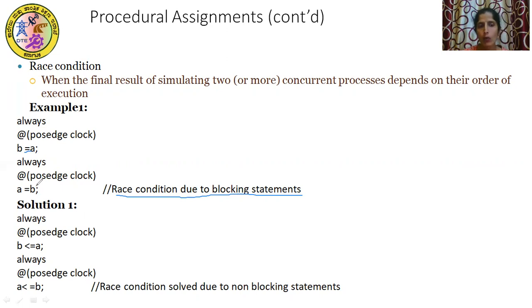So how can we overcome this problem of race condition? One solution is to use non-blocking assignments. In place of the blocking assignment operator, we can use the non-blocking assignment operator, less than or equal to. So what happens when we use a non-blocking assignment operator?